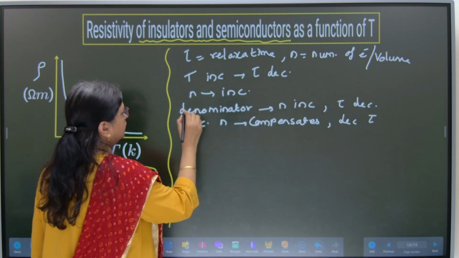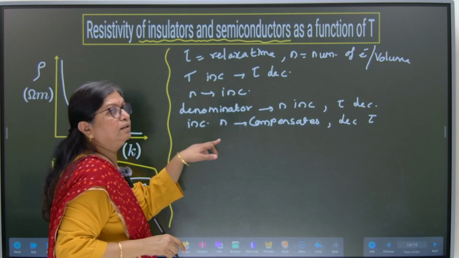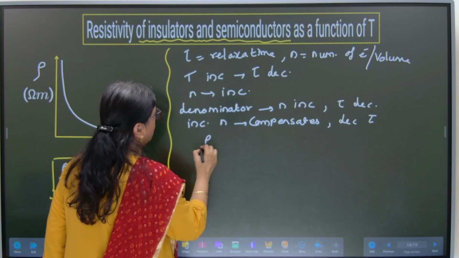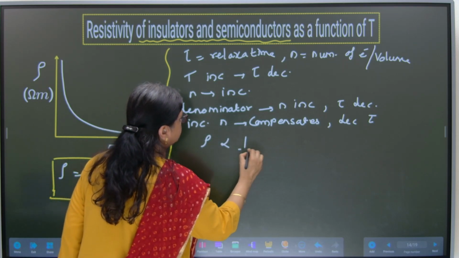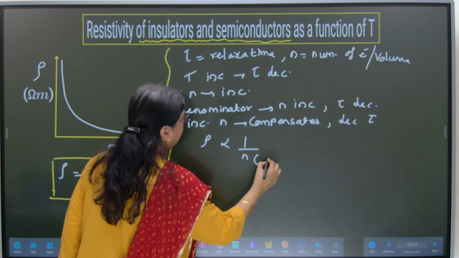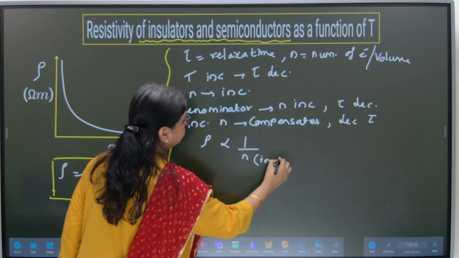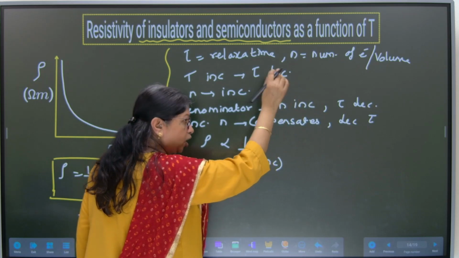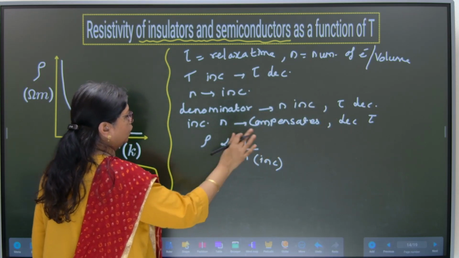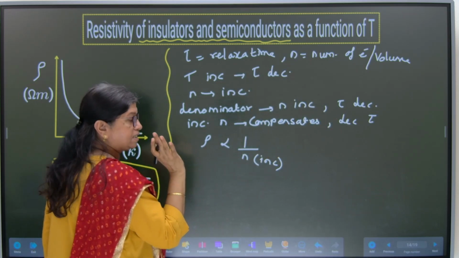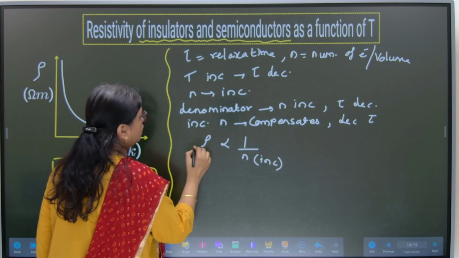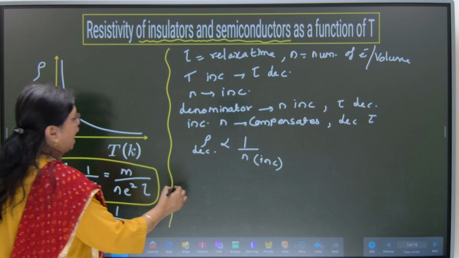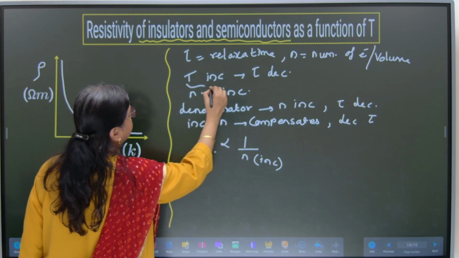So, the denominator increases. That is, rho is inversely proportional to n. If n increases, which compensates the decrease in tau, the denominator increases. Therefore, rho decreases. Due to this, as temperature increases, rho decreases.